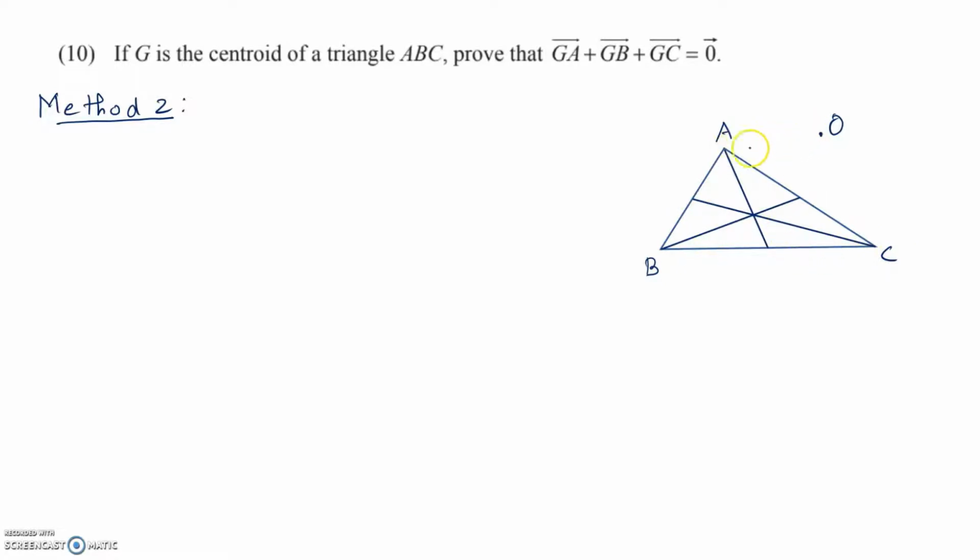So when I say OA, I'm referring to vector A, where vector A is equal to OA. Similarly, I can define for B and C, and this center point is our G. And these points, we can define them as D, E, F. And so AD, CF and BE are the medians and they intersect at G.